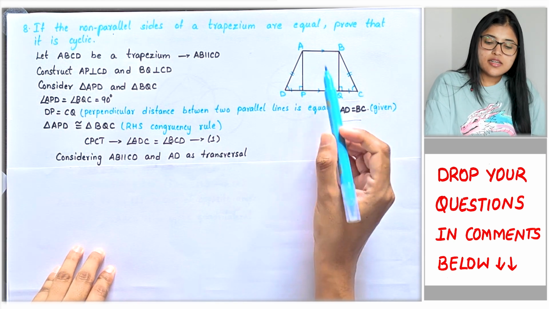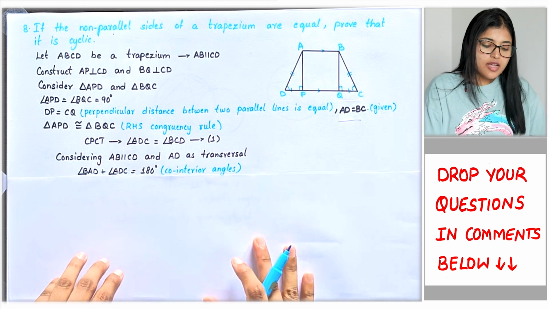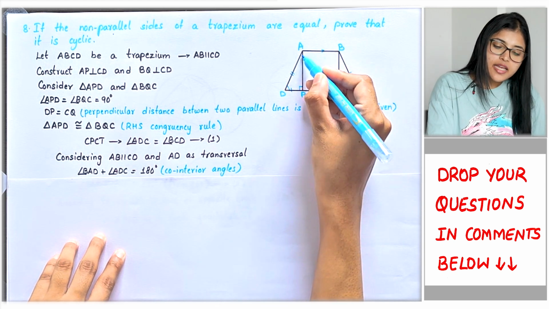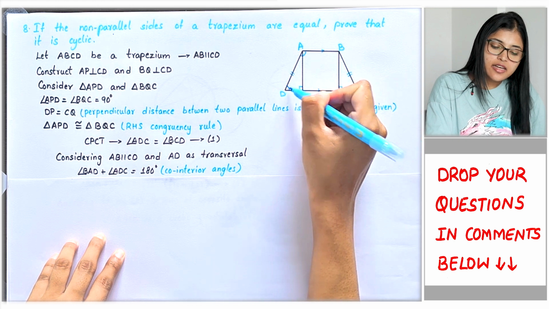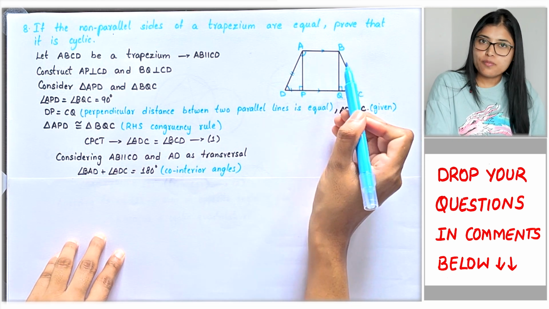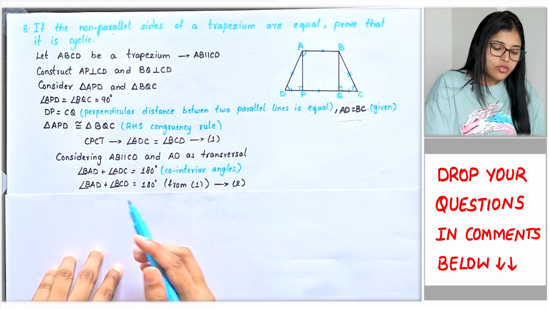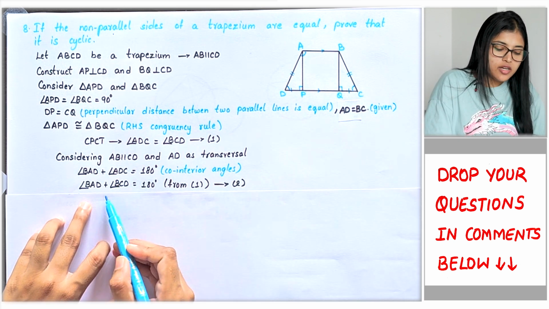Now, since AB is parallel to CD and AD is the transversal, angle BAD plus angle ADC should be equal to 180 degrees because these are co-interior angles of two parallel lines. Now I know that ADC is nothing but BCD because these two angles are equal.